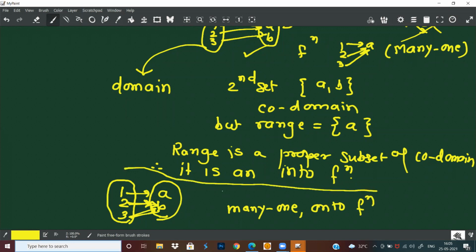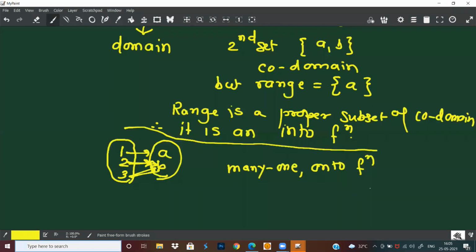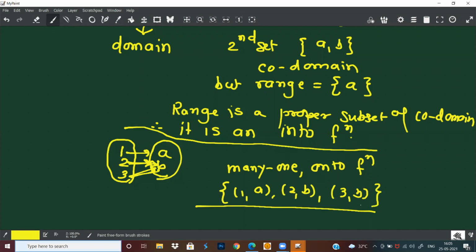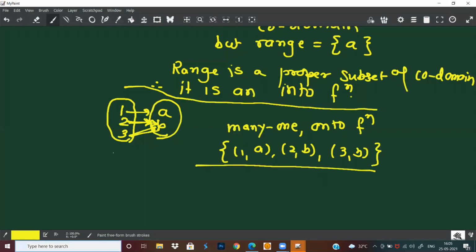Correct? 1 comma A, 2 comma B, 3 comma B. ये होता मेरा many to one and onto function. Because यहाँ codomain पूछो A comma B, range पूछो A comma B. So it's an improper subset of codomain. Are you getting it? So this is what we saw. Then I just touched inverse function.